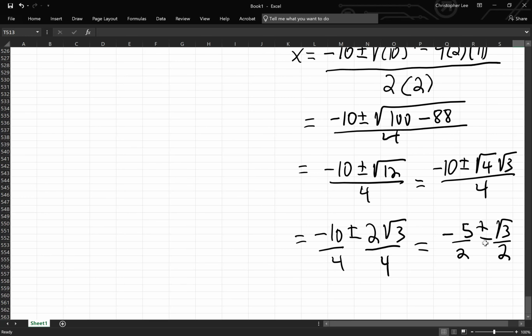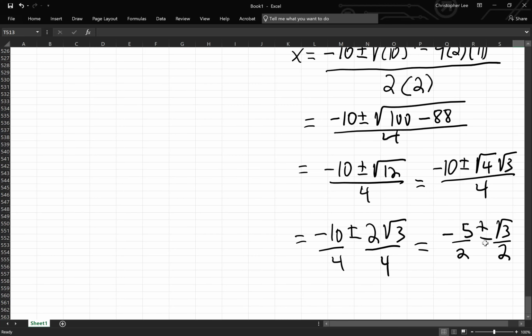So I got you at negative 10 plus or minus 2 square root 3 over 4. Yeah. Good. Then what is the solution, both, and how did you divide that, I'm sorry? So I just broke apart the 4 in the denominator, so it became negative 10 over 4 plus or minus 2 square root 3 over 4, and I just simplified it.